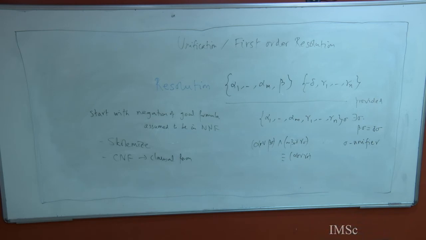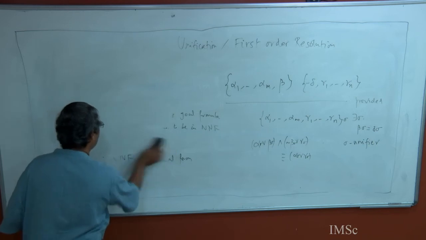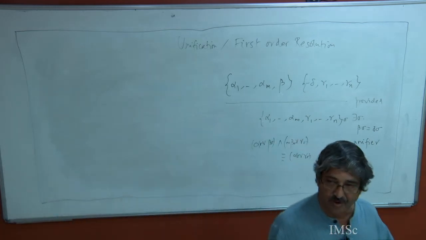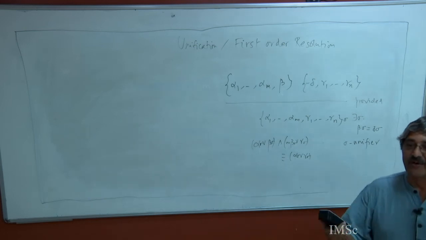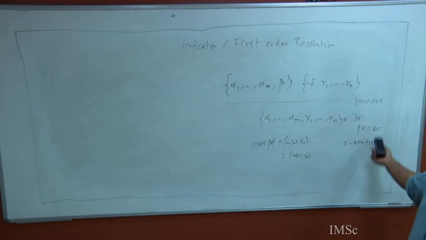So in general, you are going to start with unifying terms. You have to talk about unifying two terms, and then once you can unify two terms, you can talk about unifying two atomic formulas, and that is what you need here because these are all atomic formulas.